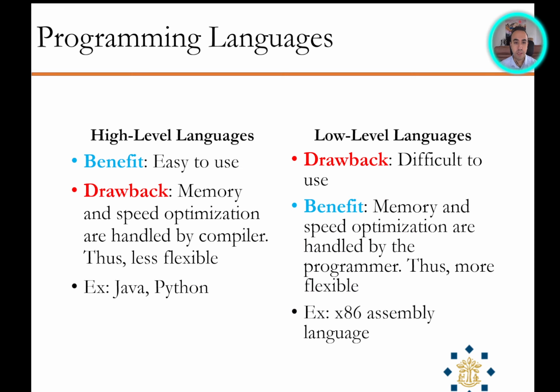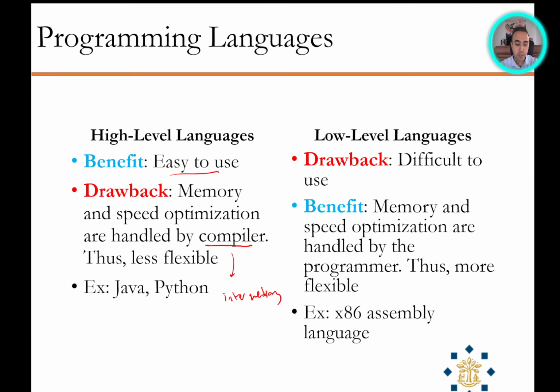So a comparison: a high-level language is easy to use, but one drawback is that memory and speed optimization are handled by the compiler. The compiler is the intermediary between the high-level language and the computer hardware.